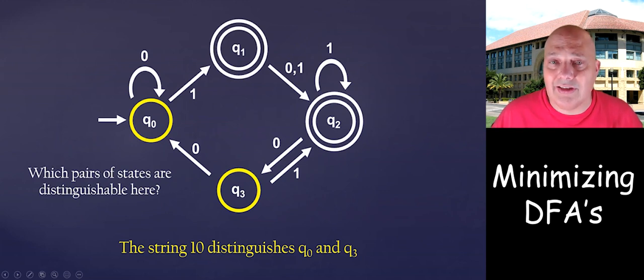You concatenate the string that got you to these two distinguishable states with the string that distinguished these states. So here you can concatenate 1 with 0. 0 is the one that distinguishes Q1 from Q2. And so 1, 0, which is the concatenation of these two strings, distinguishes Q0 from Q3. And we will use this fact later on in our algorithm.